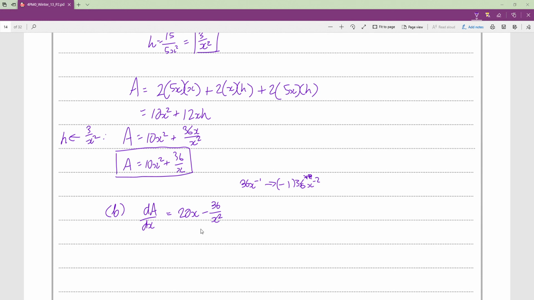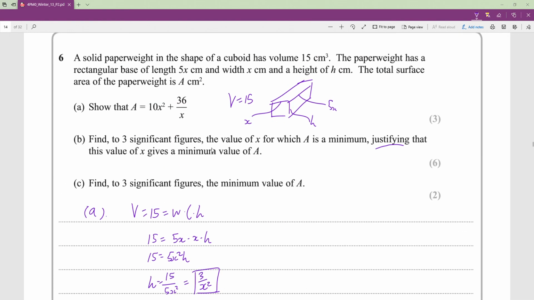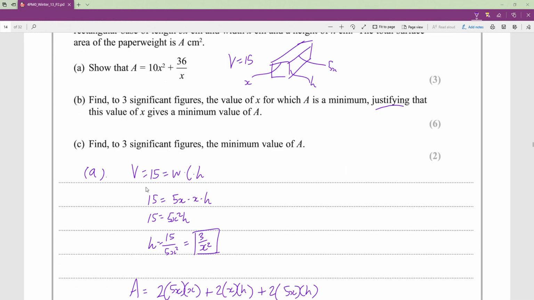So dA over dx is this, and we want to find the value of x for which A is a minimum.